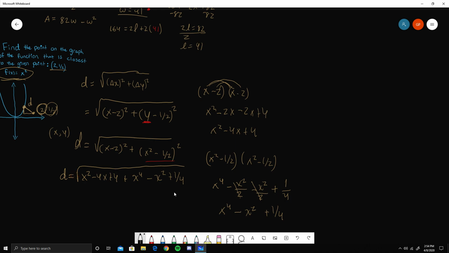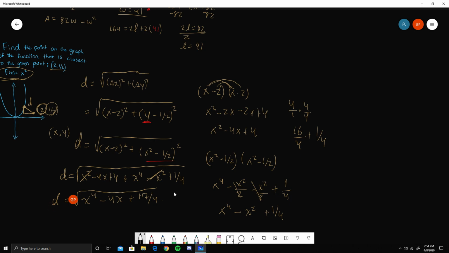I'm going to get that these two cancel, and the rest should be x to the fourth minus 4x plus 4 plus 1 over 4, which I can combine over here on the side. 4 over 1 times 4 over 4 gives me 16 over 4, plus 1 over 4 gives me 17 over 4. So I'm going to change this to 17 over 4.